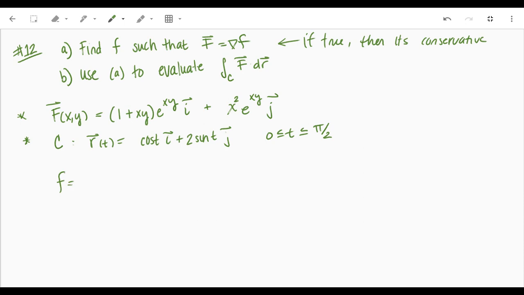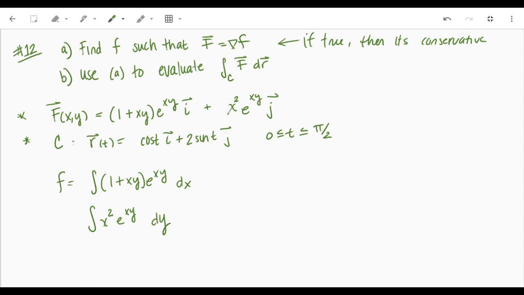We can integrate 1 plus xy e to the xy with respect to x, or we can integrate x squared e to the xy with respect to y. Neither one of them is very pretty. We're going to have to do integration by parts regardless. That second integral will take integration by parts twice because of the x squared there. The first integral only requires it once, so we might be better off doing that.